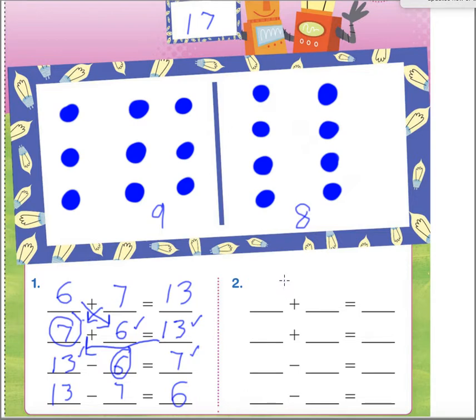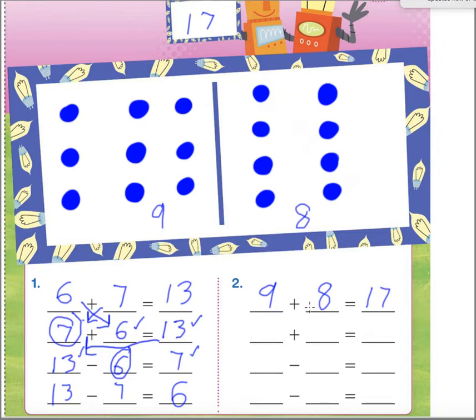And let's make an addition fact with these. So we can make 2 different addition facts, right? Let's go ahead and do them. First, we can just take the order that we see them in by going from left to right. So first, we can do 9 plus 8. And what is 9 plus 8? Well, we just figured out that 9 plus 8 is 17. But what is the other order that we could write this addition fact?